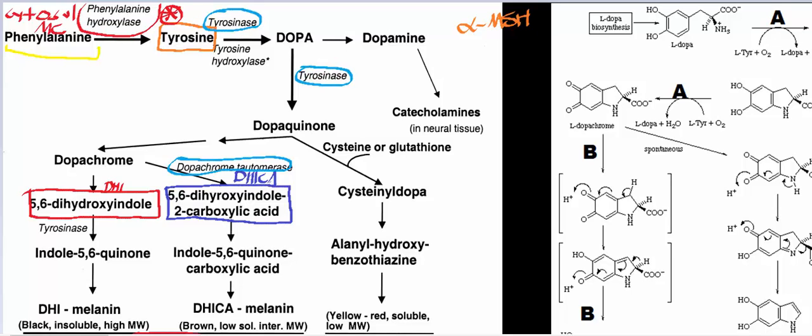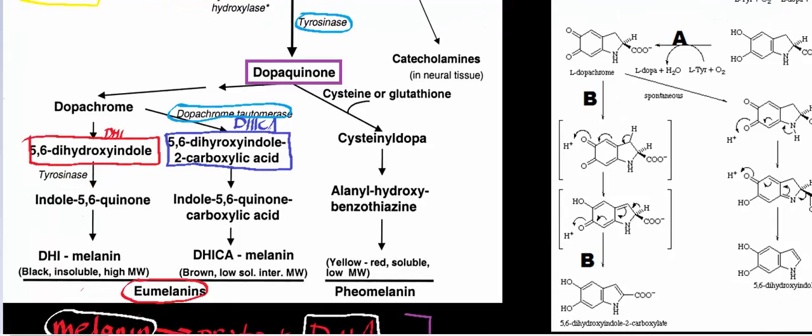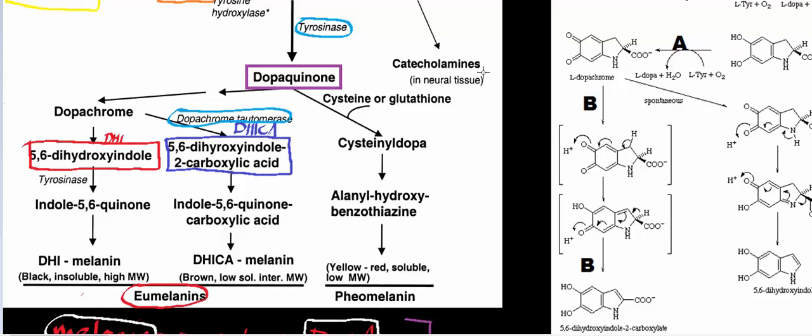I'm going to box this because it's really important. This is called dopaquinone. And what I'll mention at this point, and I won't go any further on the right side of the pathway in this particular video, is that dopaquinone is a branch point. Okay, because dopaquinone can go into this pathway on the right, which notice is for pheomelanin, or it can go towards the left and go towards the eumelanins.